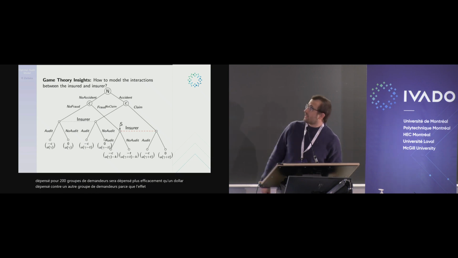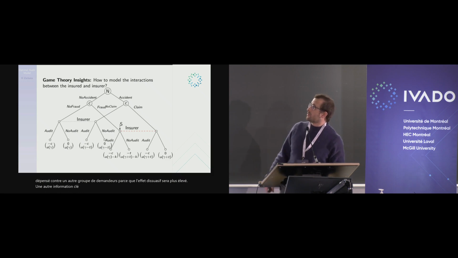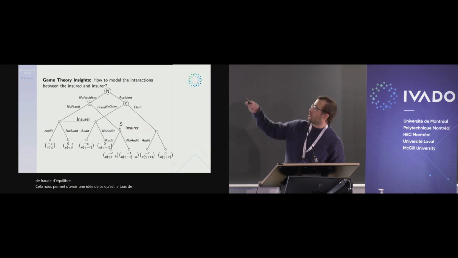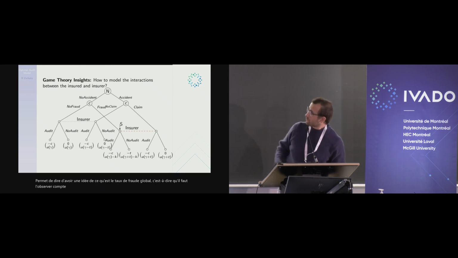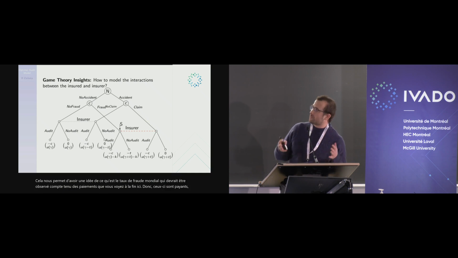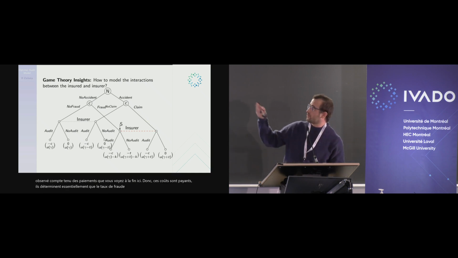Another key insight that can be taken away from this sequential tree is the equilibrium fraud rate. The equilibrium fraud rate gives us an idea of what the global fraud rate should be given the payoffs that you see at the end here. Those payoffs essentially determine the global fraud rate that could be observed for a group of claimants. But they don't tell you which claim within those groups of claims is fraudulent.